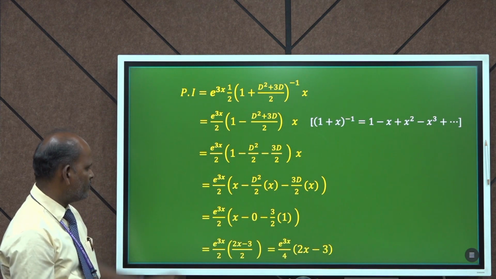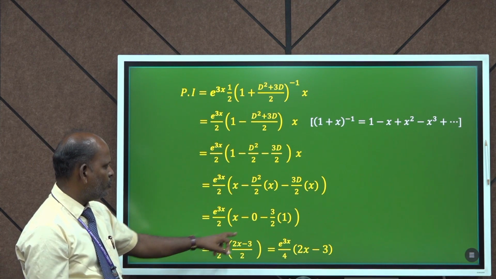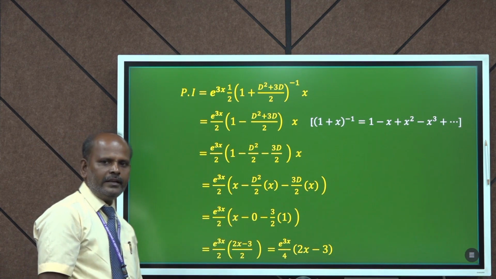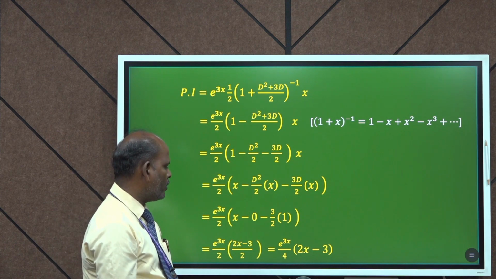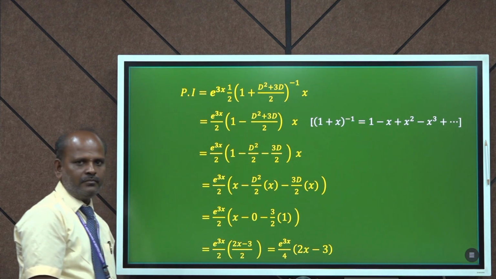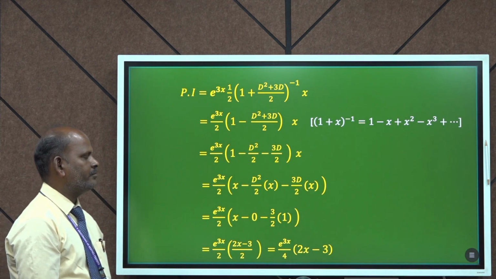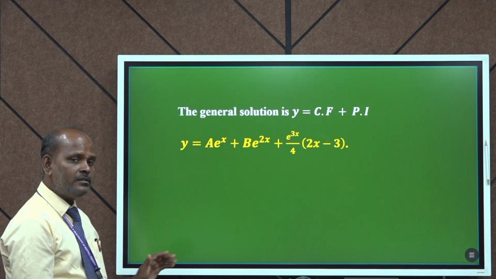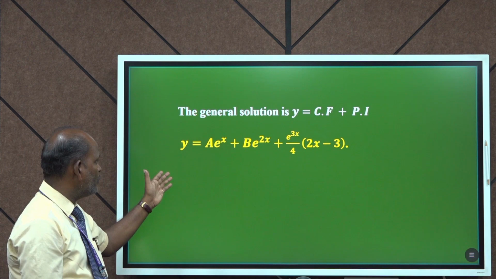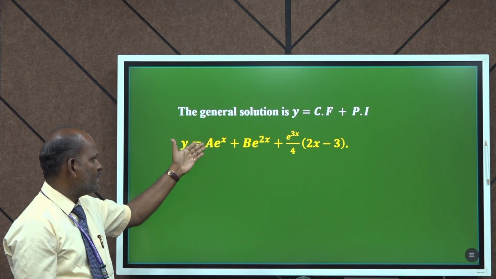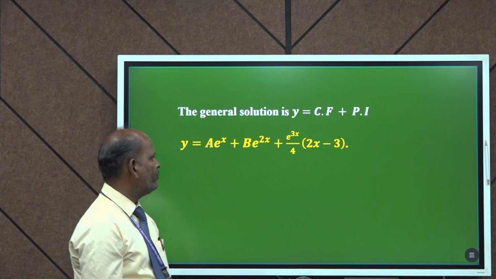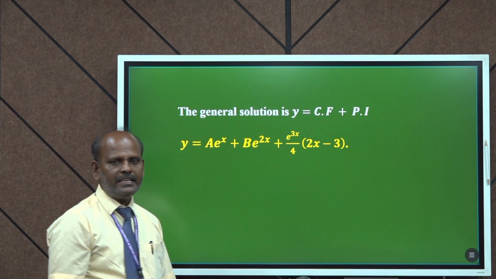Therefore this becomes e power 3x divided by 2, the LCM is 2, so 2x minus 3 divided by 2, and hence e power 3x divided by 4 of 2x minus 3. It is our particular integral. Hence our general solution is y is equal to CF plus PI, that is y is equal to a into e power x plus b into e power 2x plus e power 3x divided by 4 into 2x minus 3.